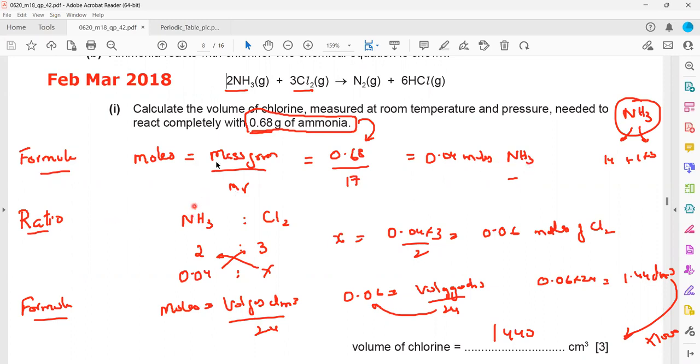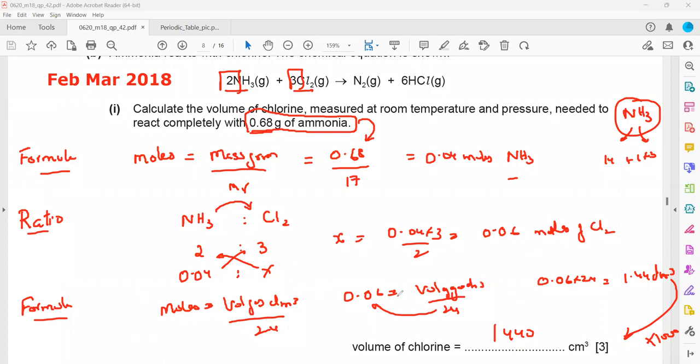After getting the moles of ammonia, we took a ratio: the ratio between ammonia and chlorine according to the equation is 2:3. So if 2:3 is the ratio, 0.04 will give X. We could also have multiplied 0.04 directly by 3/2 to get it, the same idea, same ratio. Then you get the moles of chlorine, and after that you need the volume.